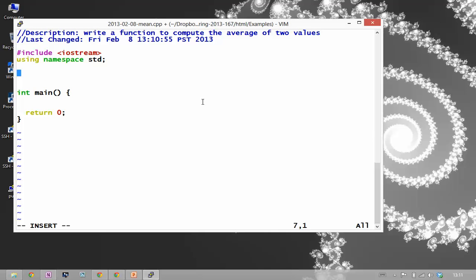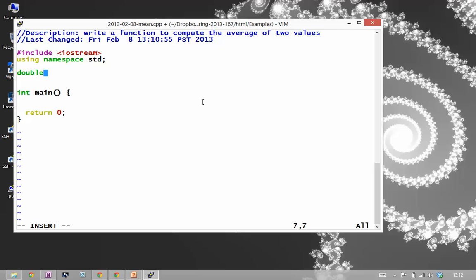So let's declare it. To declare it, I need to say what's the return type, what's the name, what's the number and type of arguments. So what is the return type here? Double. Why not int? I'll lose some precision at best, right?